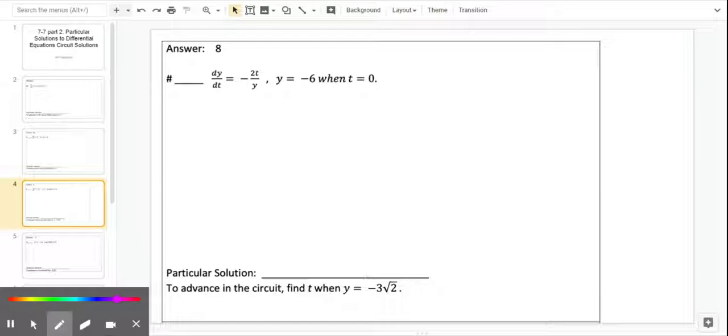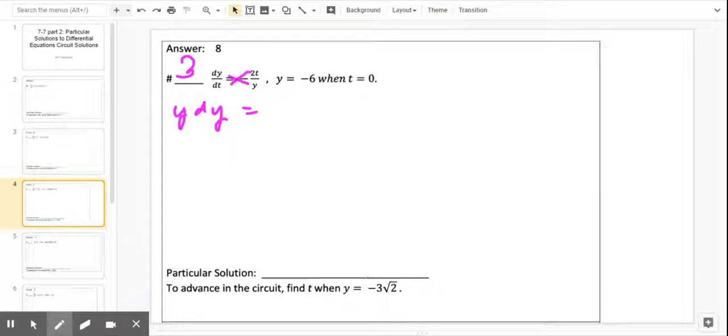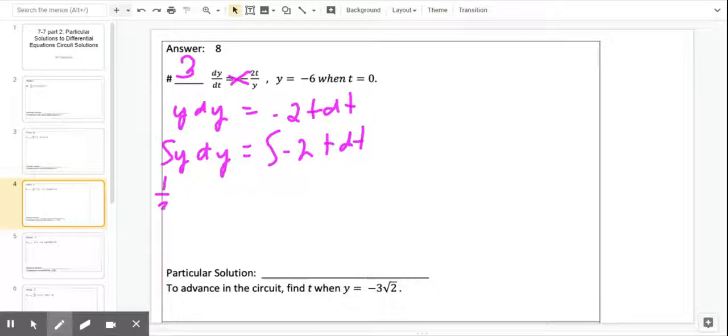That's now number 3. So we write 3, and then we're going to cross multiply because we have y dy and then -2t dt. Then we can integrate both sides. So this is 1/2 y squared equals negative 2t squared over 2.